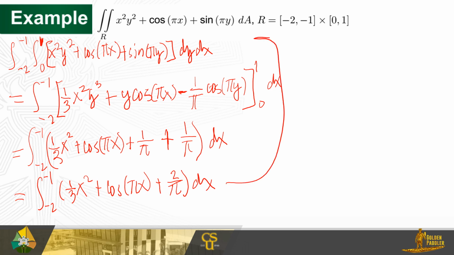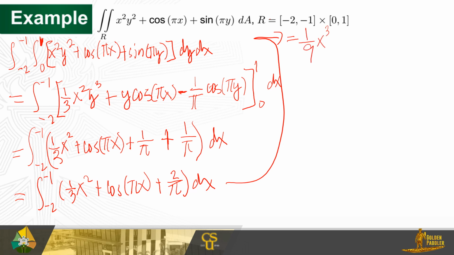Okay? So, here we are. We integrate again with respect to x. Okay? So, we have 1 over 9 now. That will be 1 over 9 x cubed. Okay?